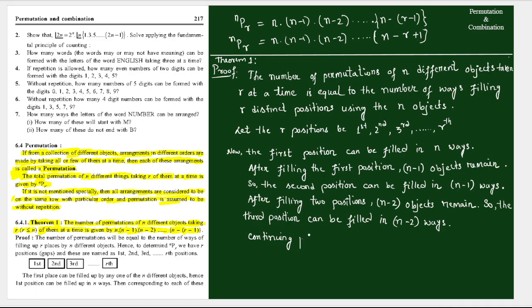Continuing in this way, the r-th position can be filled in how many ways? n minus r minus 1 ways.